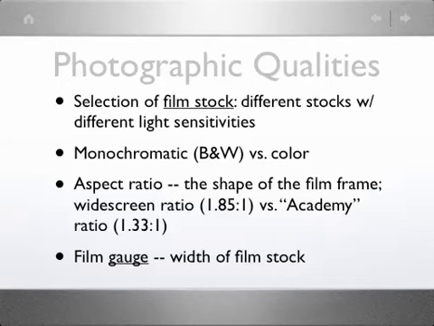Different types of film can have different widths as well. You probably are familiar with the gauge 35 millimeter film. Most professional still photography used to, and those that still do actually use film for still photography, use 35 millimeter film, or film stock that is 35 millimeters wide.